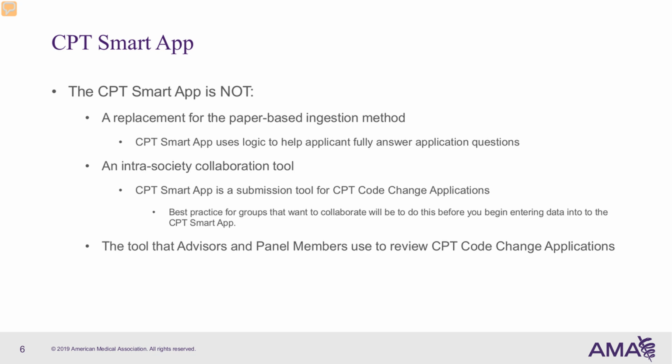And I put this slide here to talk about what it's not. So this is not just a web form where you type information. We remember what codes you're changing or what codes you're adding, and then for each of the questions that says "for each new or revised code," we give you those codes back so you don't have to remember what they are.